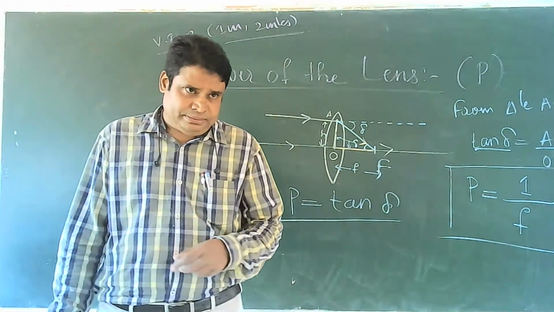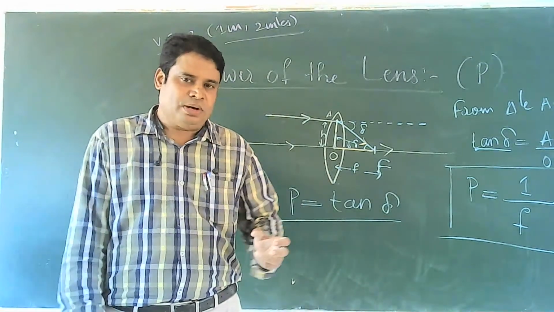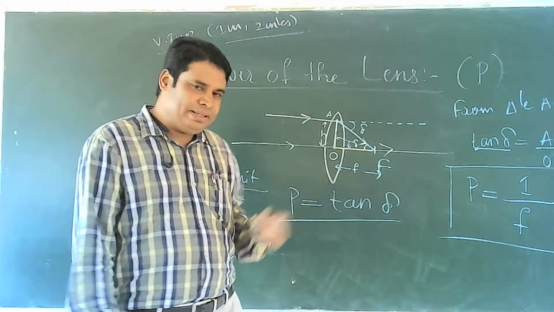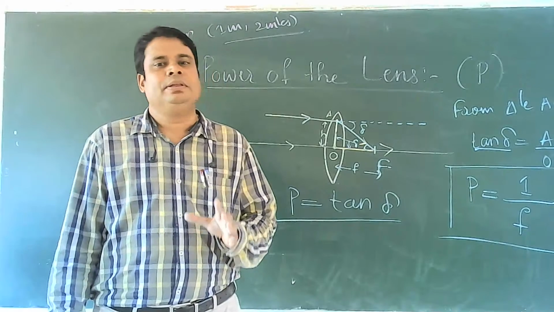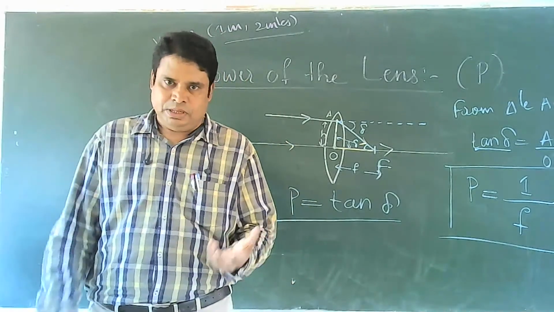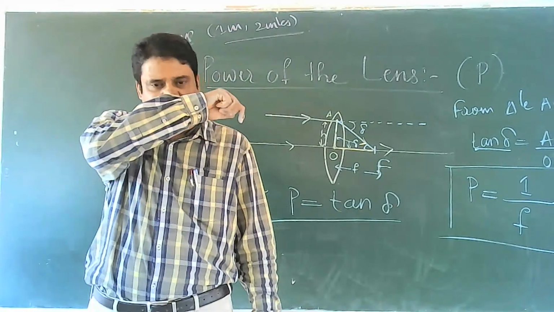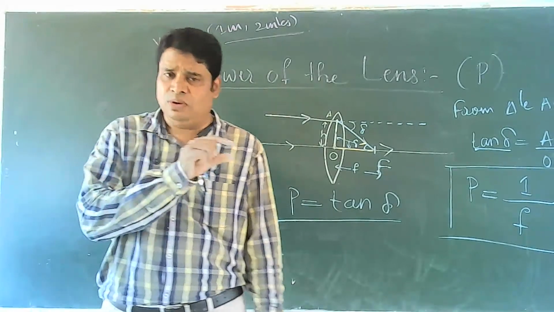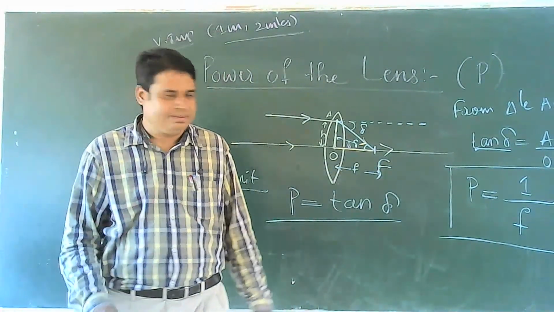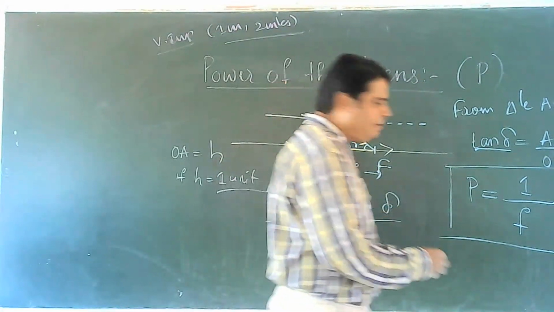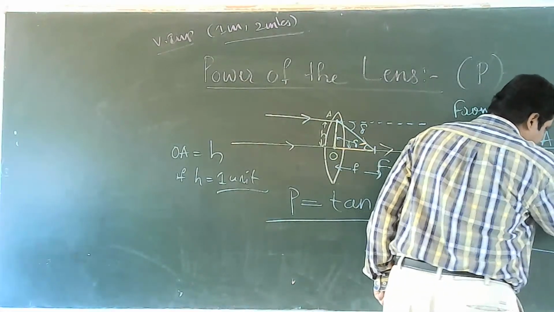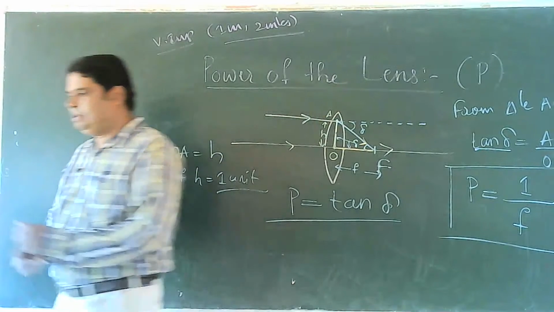What is the relation between focal length and power of lens? Focal length varies inversely as power of lens. This is a very important relation. Please remember.